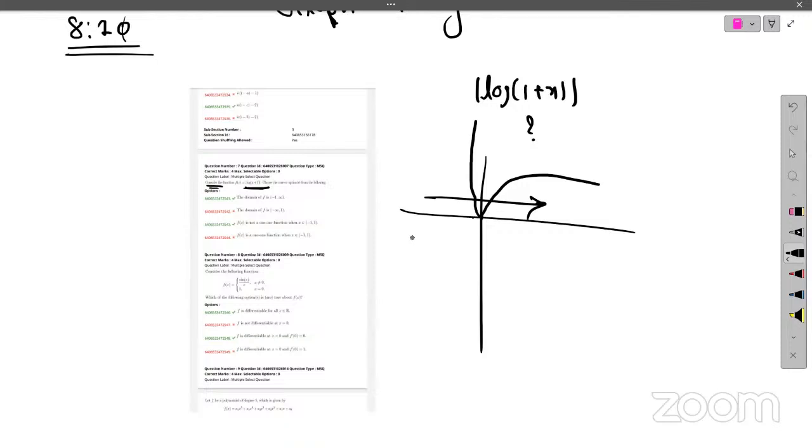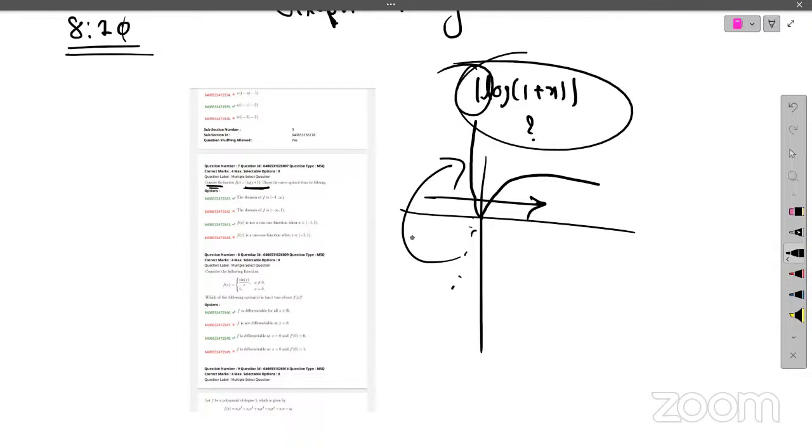But modulus is there now. So what will the modulus do? It will project all those things which are in the negative section up into the positive. We already discussed this scenario in the revision session, just a small mistake done by me.